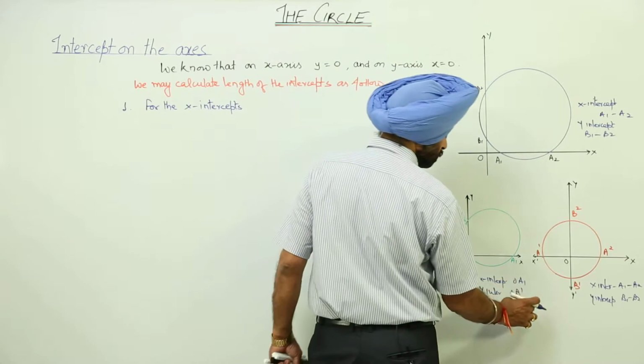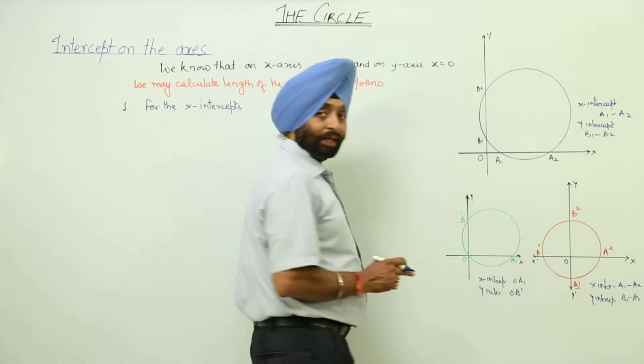So, from O to A1, this is the x intercept.